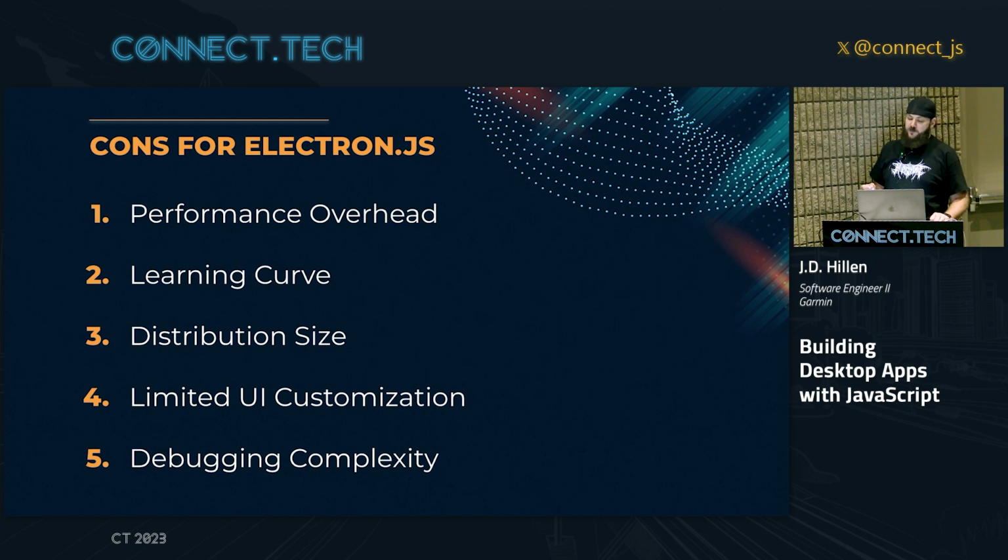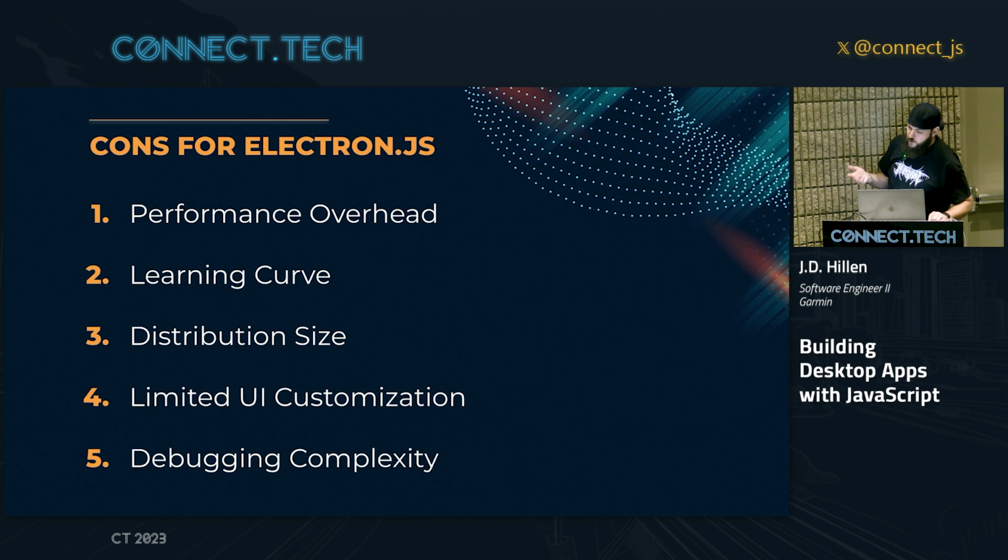So they are a little bloated compared to native apps, but with Electron.js, it combines Chromium in every single instance of your application that you're installing. So if you have multiple applications that are all using Electron, you have multiple different installations of Chromium on your machine just to render that application.